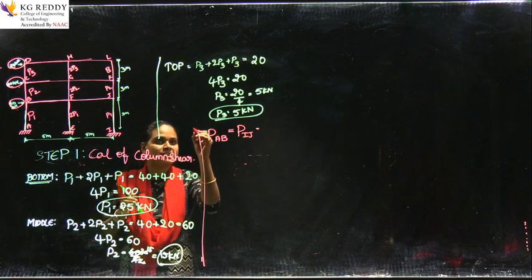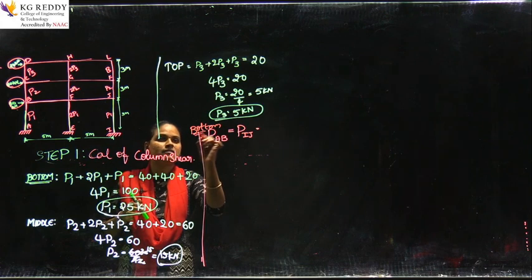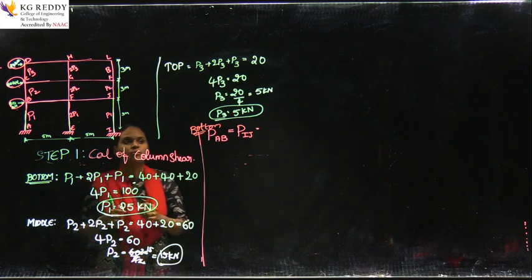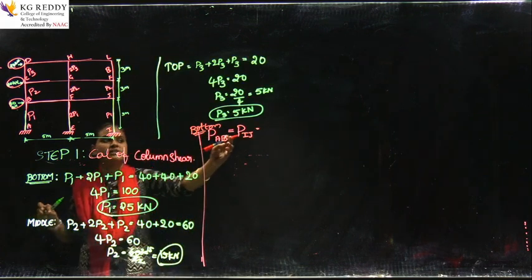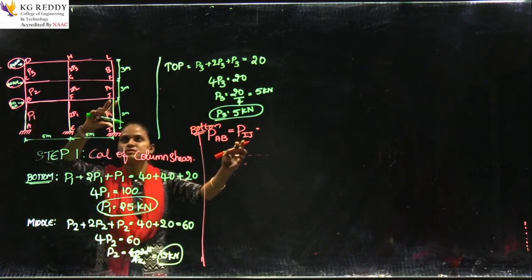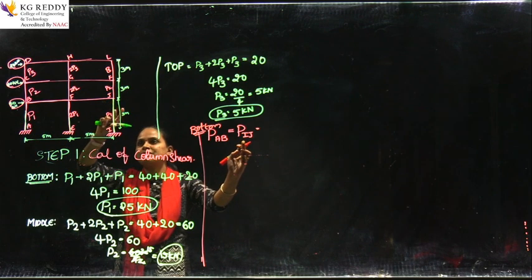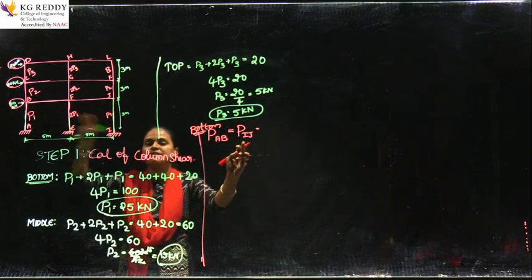Again you will divide it into three parts: bottom, middle and top. For the bottom you have PAJ equals PAB equals PIJ. Why? Because for the bottom story you have two exterior columns and they will be equal.